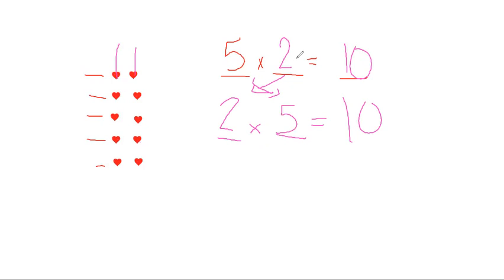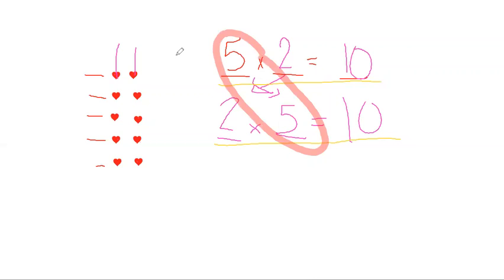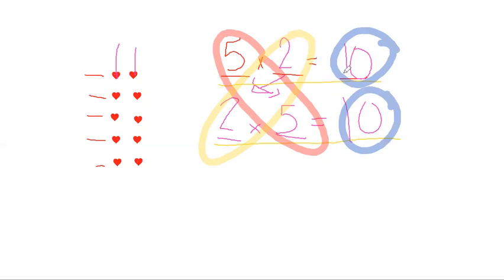So the multiplication equation of 2 times 5 equals 10 is a related multiplication sentence of 5 times 2 equals 10. I have used the same factors, or the numbers that I'm multiplying together. I used a 5 in both, and I used a 2 in both. And because I used the same 2 factors both times, I got the answer of 10.